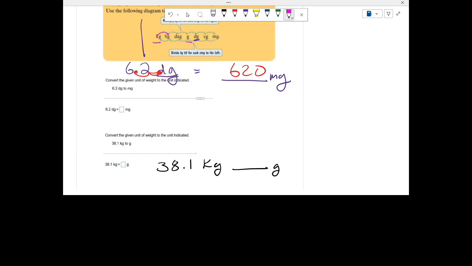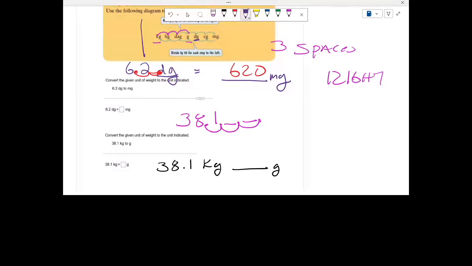So I'm going to count 1, 2, 3. We went 3 spaces to the right. So y'all look, 38.1. I'm going to go 1, 2, 3.